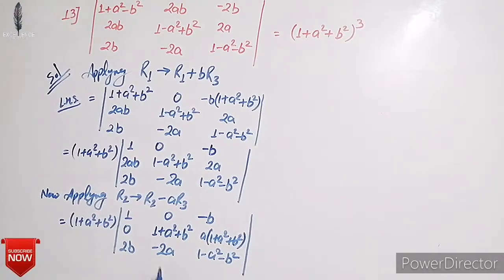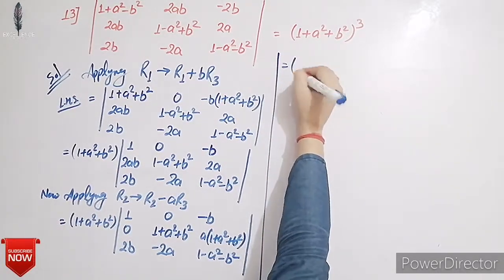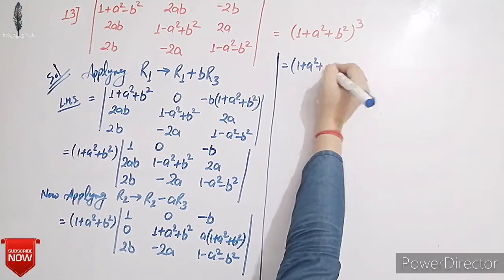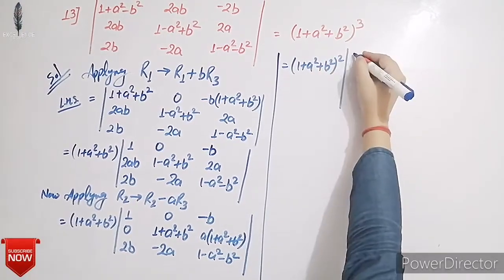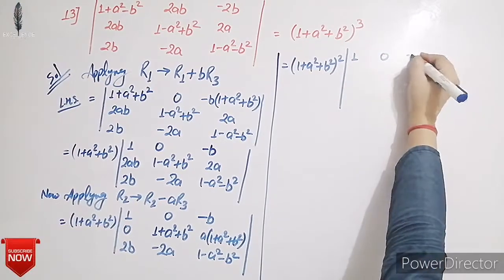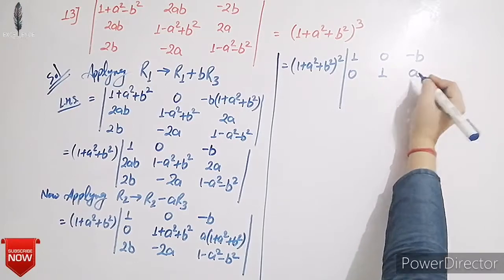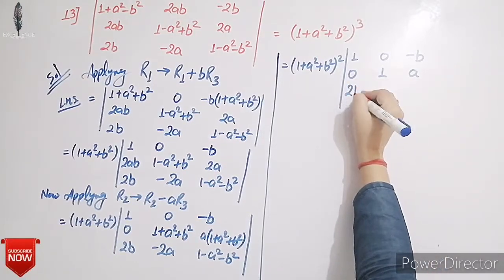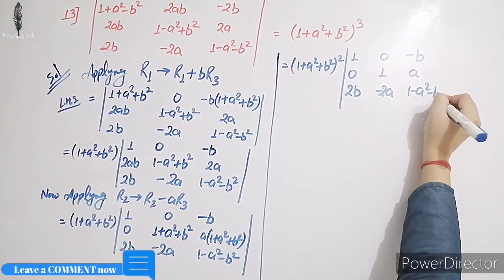Now again taking 1 plus a square plus b square common from R2. Then we have it is equals to 1 plus a square plus b square whole square into R1 is 1, 0, minus b, and R2 becomes 0, 1, a, and R3 is same, that is 2b, minus 2a, 1 minus a square minus b square.